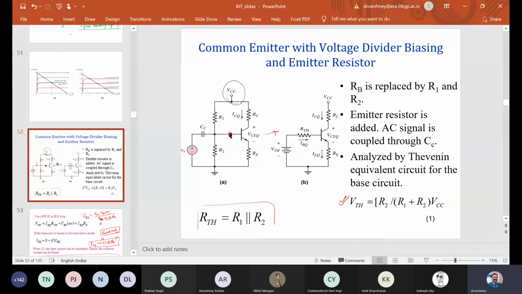So basically it's a voltage divider circuit which you're using. But how do we take those two points across which we have to find VTH and RTH? You have to find the equivalent circuit in this case.